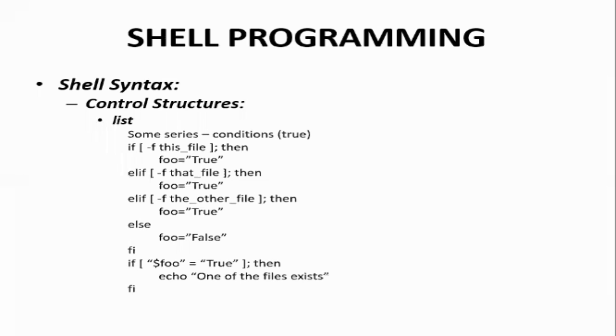If [ -f this_file ], then FOO equals true. Elif -f that_file, then FOO equals true. Elif -f the_other_file, then FOO equals true. That means I want at least one of a series of conditions to be true.